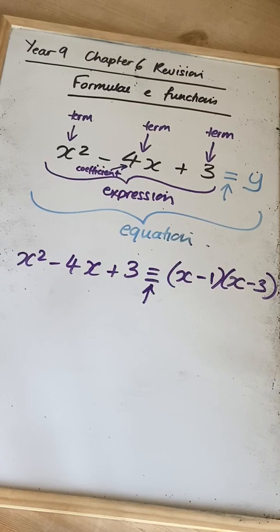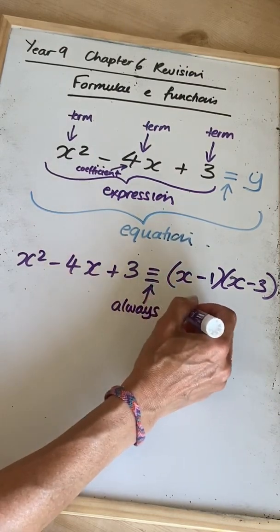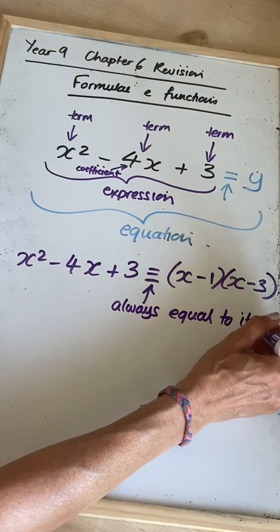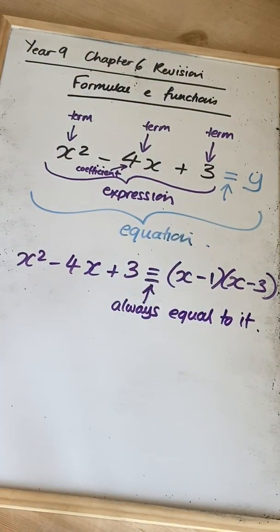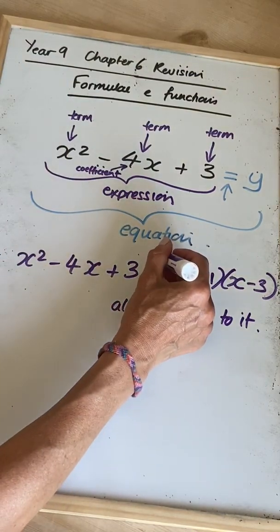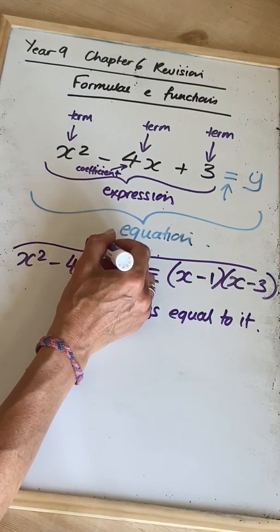And that means that I've got an expression that is always equal to it, regardless of the value of x, always equal to it. And if I've got something that is always equal to something else, then the name for it in mathematics is an identity. So this means, I'm just going to write here, this is an identity.